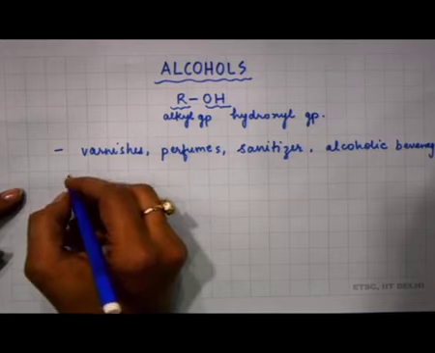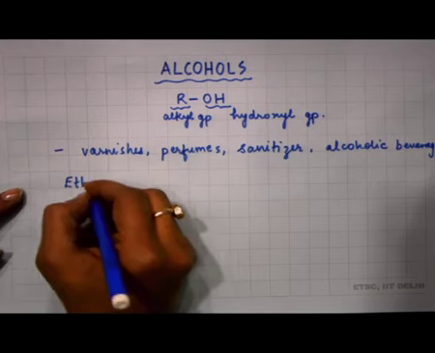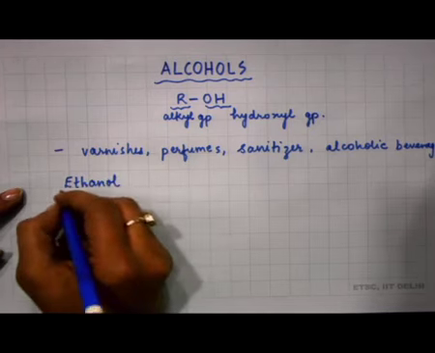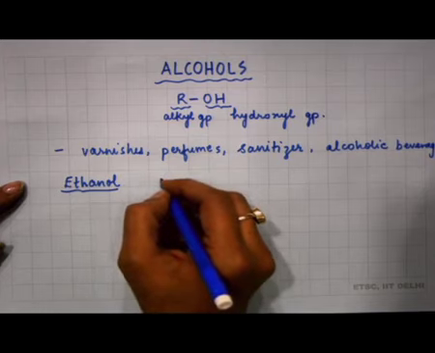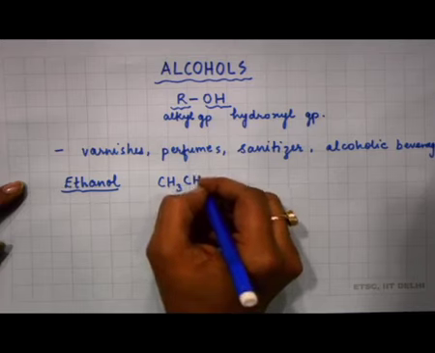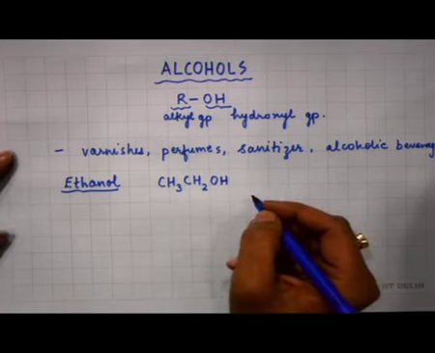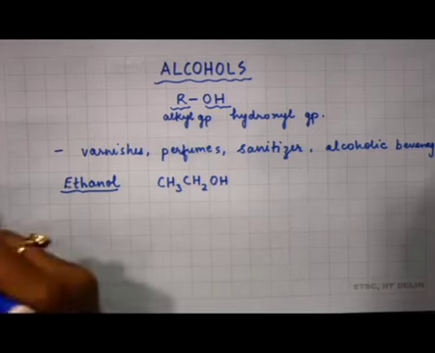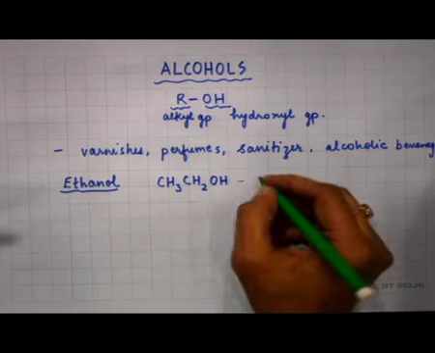When we refer to an alcohol in general, the most common alcohol is ethanol, right. Ethanol is given by the structural formula CH3CH2OH. This is a 2 carbon aliphatic alcohol, and in general it is prepared by the metabolic process of yeast.